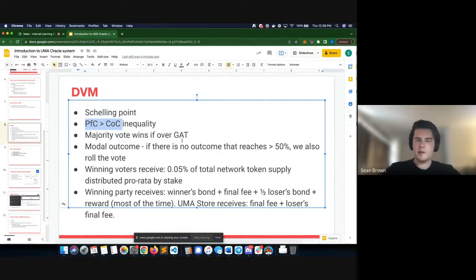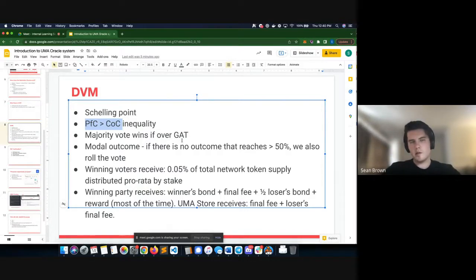So we say that using the UMA DVM gives you economic guarantees that you will receive the correct answer, that people in the system will always act honestly within that Schelling point system.